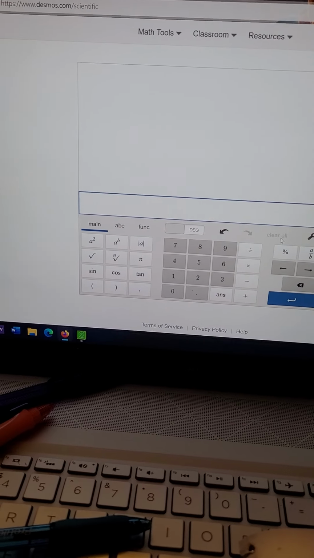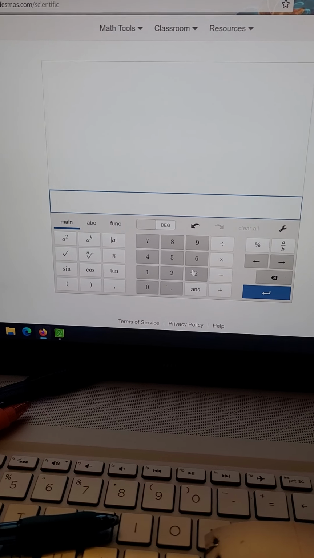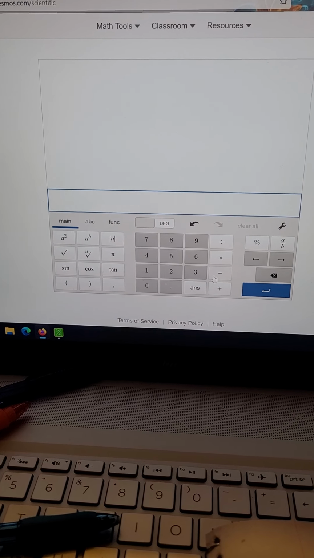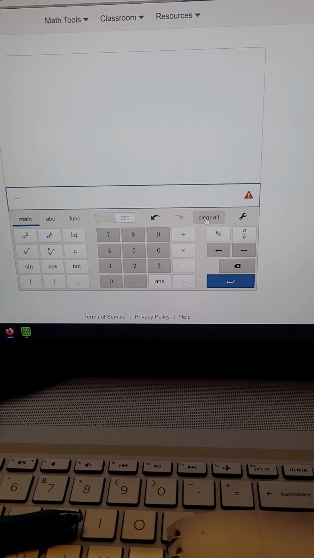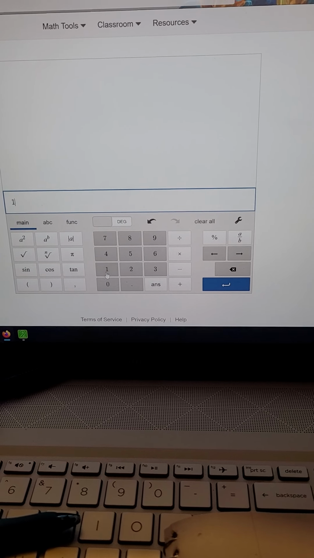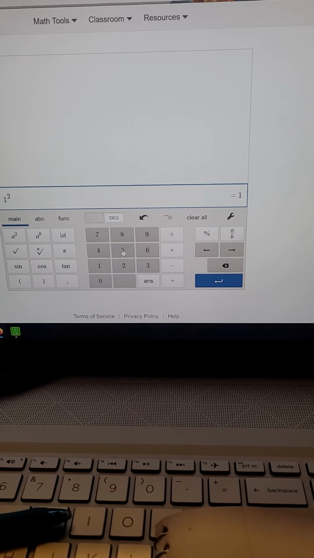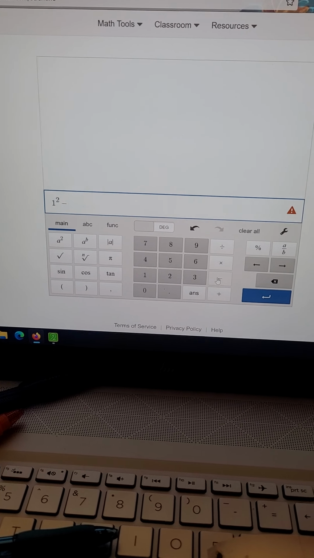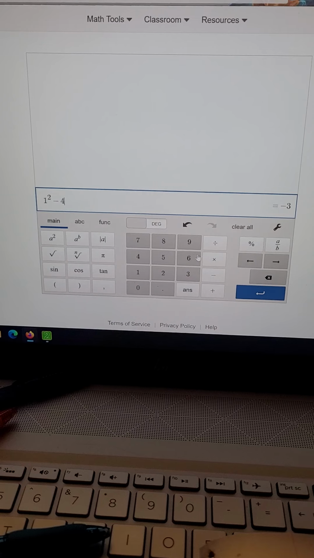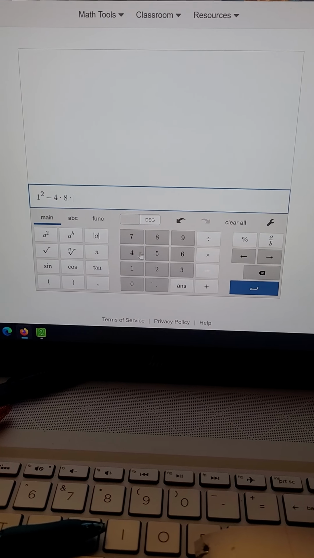So again, on my calculator, I'm going to be putting 1 squared. 1 squared is just 1, in case you want to verify, just so that you know on the other ones how it looks when you enter 1 squared minus 4 times 8 times 4.